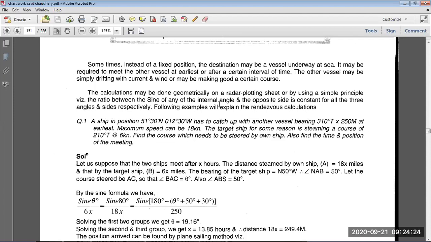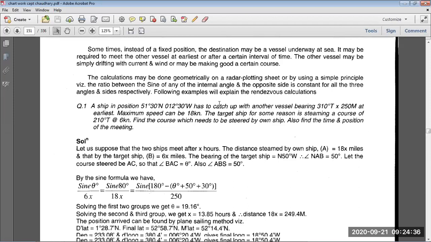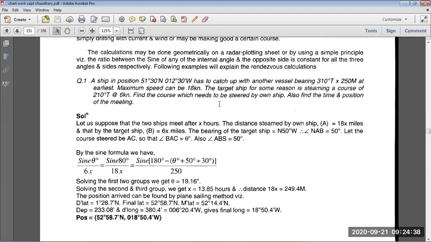We'll see the formula with this example.